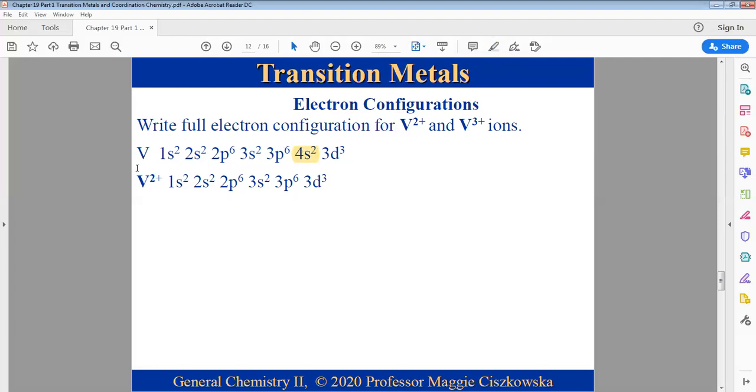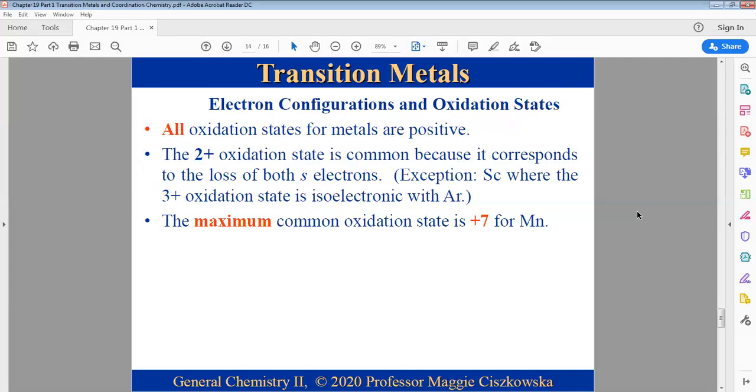So since we are forming V2+ ion, these 2 electrons will be lost, and this will be the electron configuration for our V2+ cation. Of course, if we have V3+, 2 electrons go from here and 1 electron is lost from orbital d. So that's the only thing that I wanted to comment on.